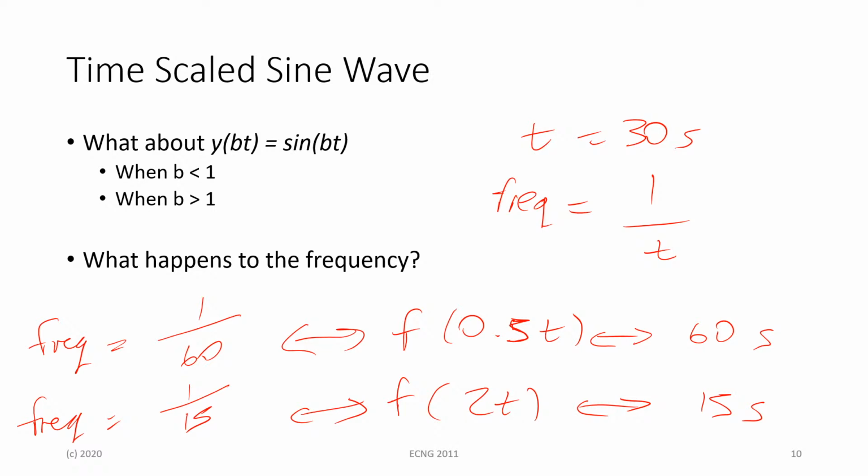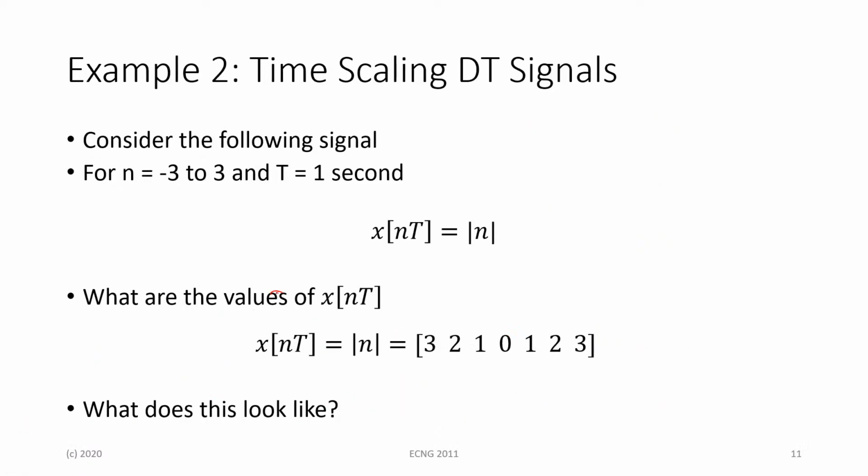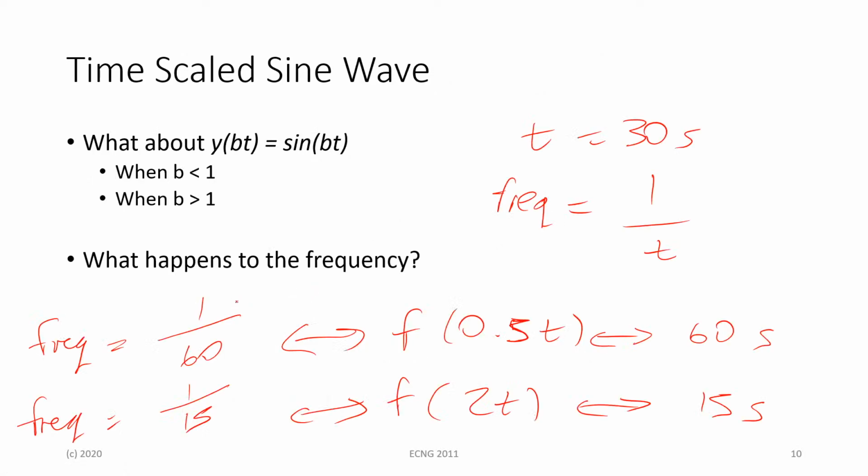If we take 1 divided by 60, this is going to give us a frequency of 0.0167 Hz. And this one is going to give us a frequency of 0.067 Hz.